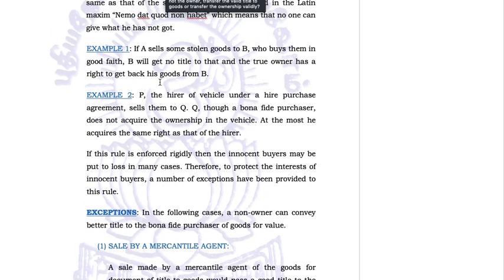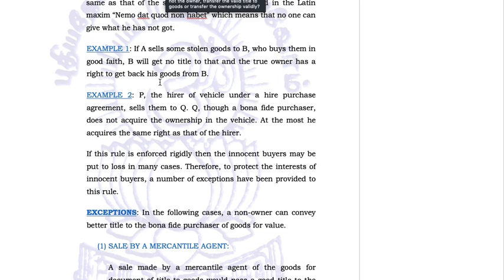Now these are examples. If A sells some stolen goods to B, who buys them in good faith, B will get no title to them, and the true owner has a right to get back his goods from B, because A had stolen those goods, and after stealing he gets no title at all. P, the hirer of a vehicle under a hire purchase agreement, sells it to Q. Q, a bona fide purchaser, does not acquire the ownership in the vehicle.